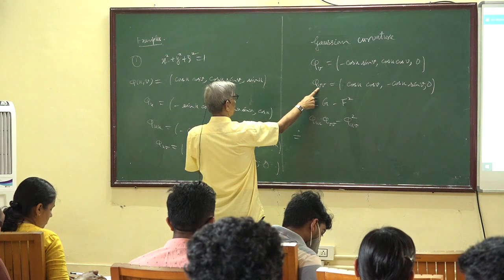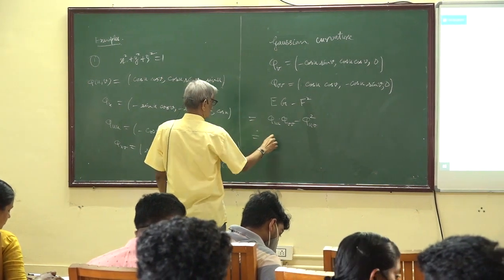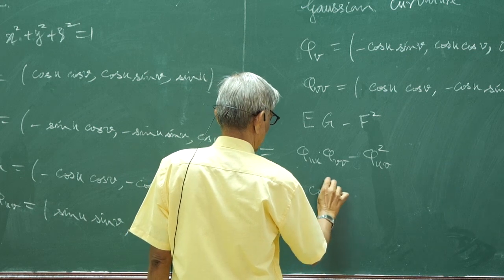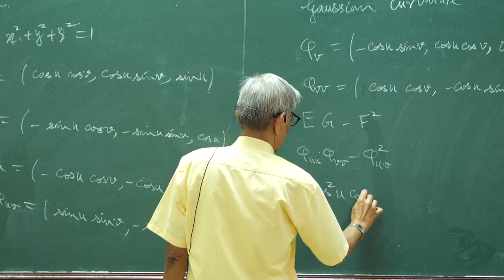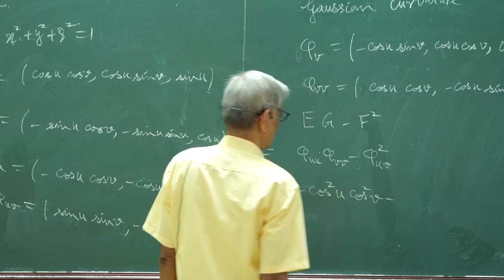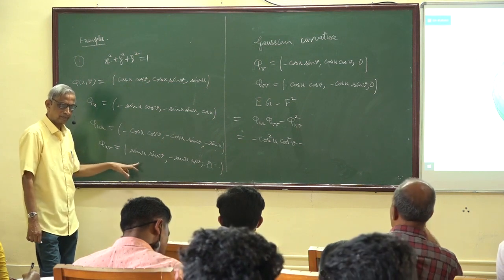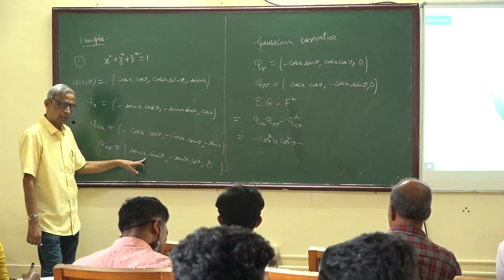Cos square minus cos square u cos square v. So this with itself, phi u v dot phi u v.